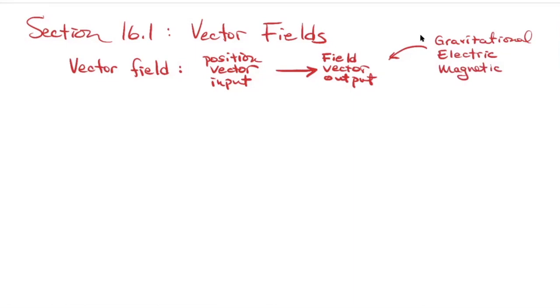Like I know there's a field for the Higgs boson particle, and I believe it is the Higgs field that gives objects mass. And I don't know anything about the Higgs field, but I do know that gravitational and electric fields have inverse square properties. So we'll talk especially about inverse square vector fields. And magnetic fields are like that, but they're complicated because they have poles. Magnetic fields are crazy.